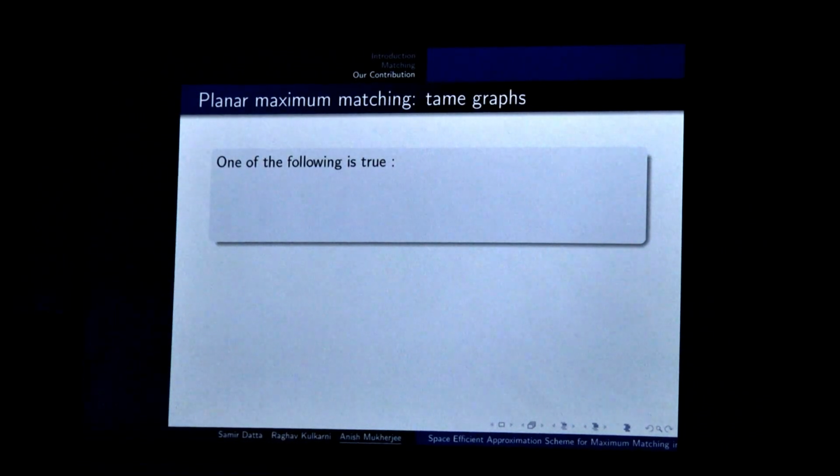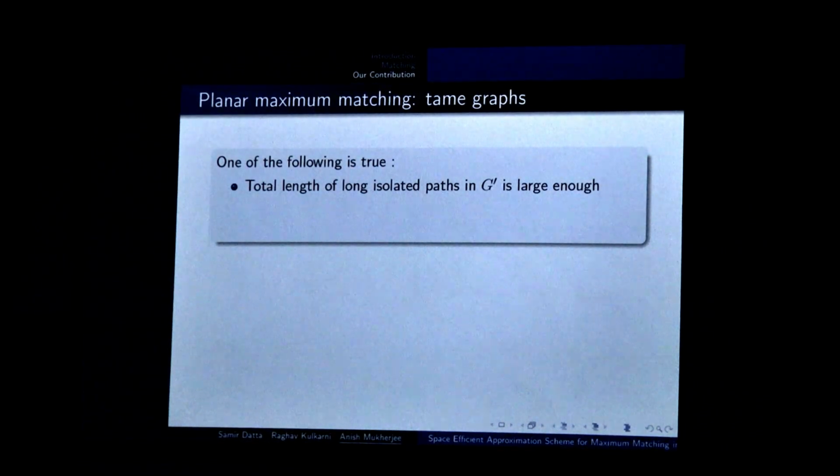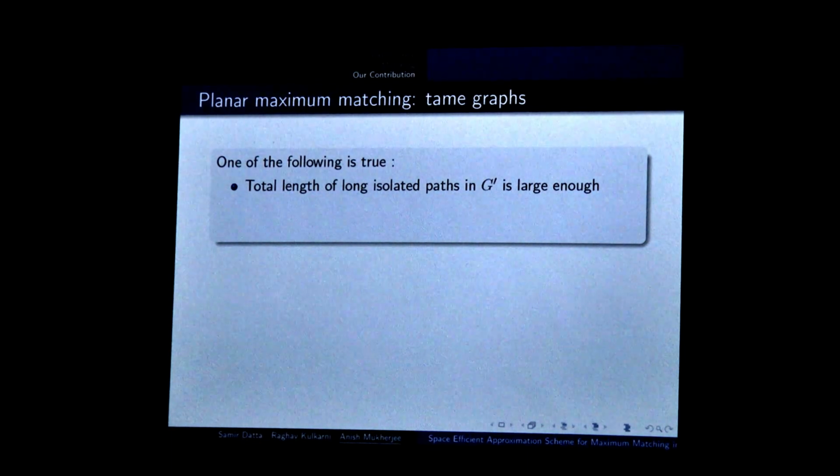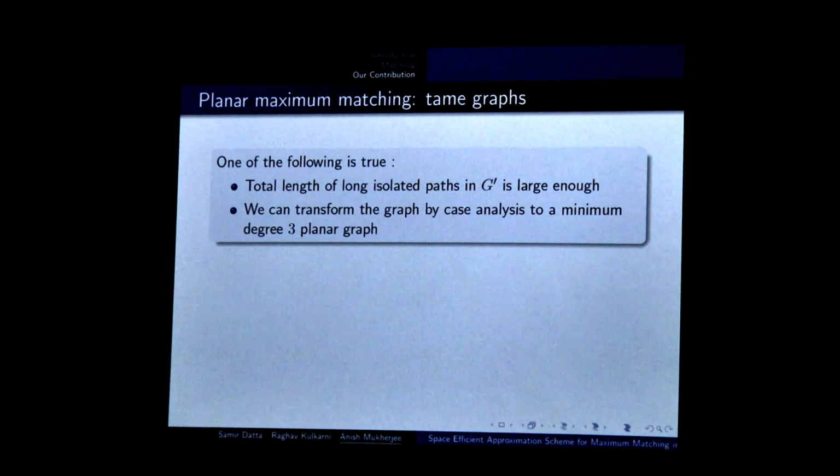So what happens is that if we have a tame graph, one of the following is true. Either the total length of these isolated paths is large, so that we can just find some matching from these paths, or otherwise we can transform this graph by some long case analysis to a min degree 3 planar graph.